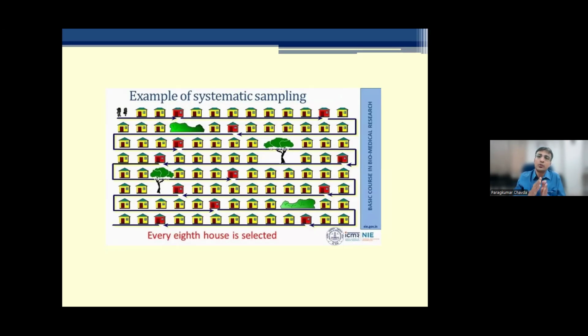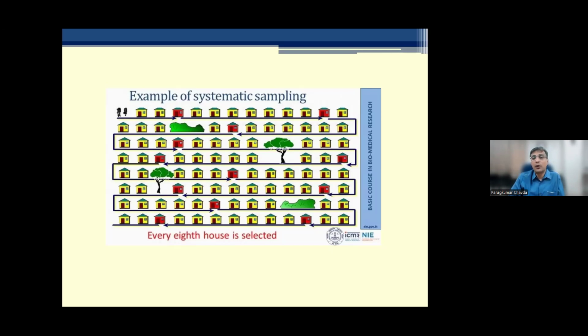Since I wish to have representativeness in terms of time as well, I do not wish to pick up the first 5 people reporting to my OPD. I wish to distribute them in time. So I might say that since roughly 50 patients are going to come, and I just need data from 5 patients, every 10th patient coming to my OPD, I'll take them up.